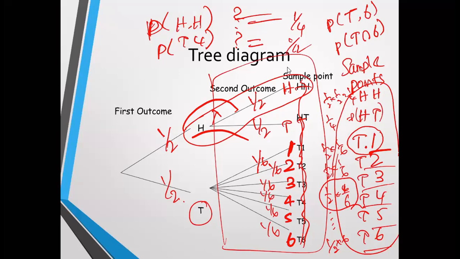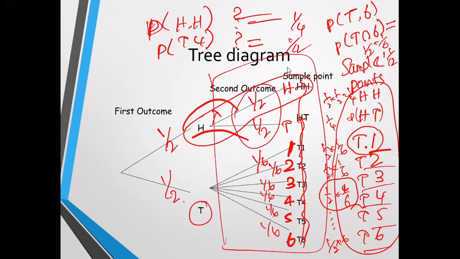T and 6. Therefore, that probability is going to be half times 1 over 6, that is 1 over 12. So if we have found these associated probabilities correctly, we would have got these probabilities like this.